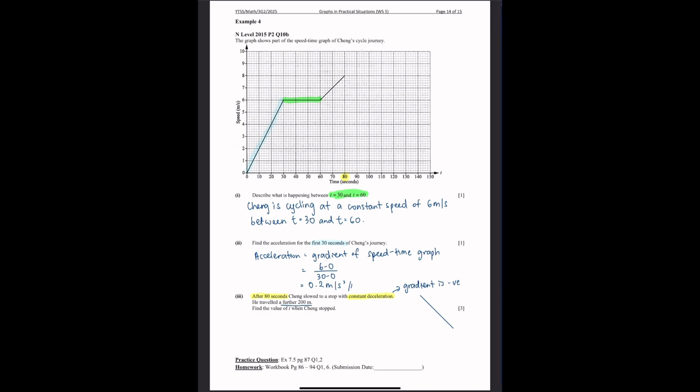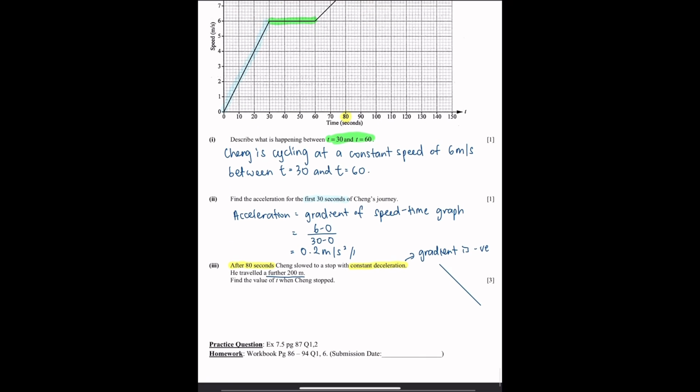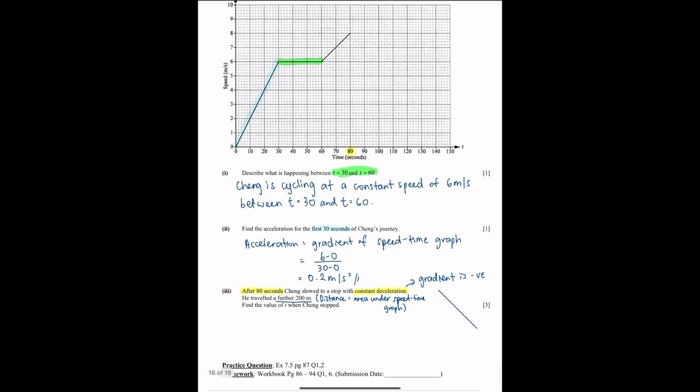Okay, the question gave me another hint. Traveled a further 200 meters, find the value of t when Cheng stopped. Okay, I'm given distance, so do note distance is area under the speed-time graph. So I already drew a downward sloping line here. Referring to the graph, I know that I need to continue from here.